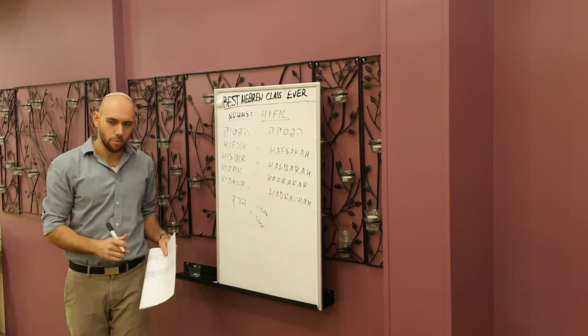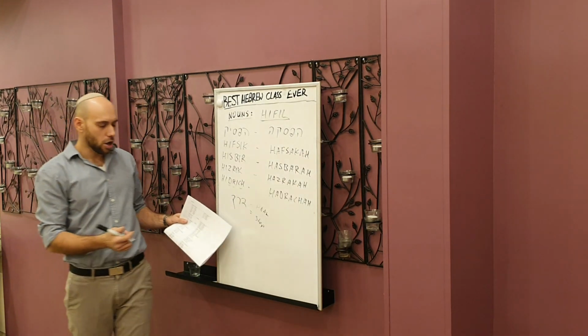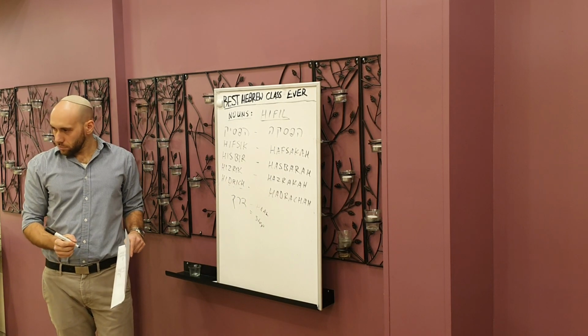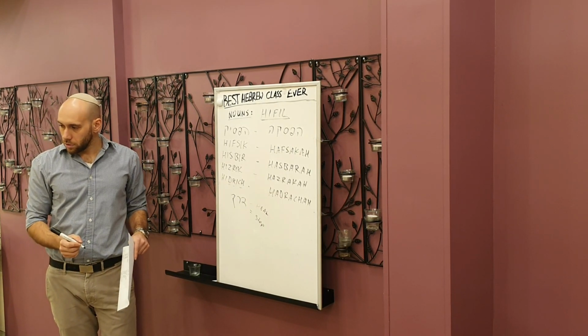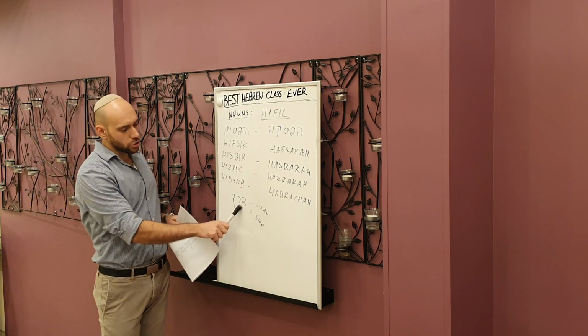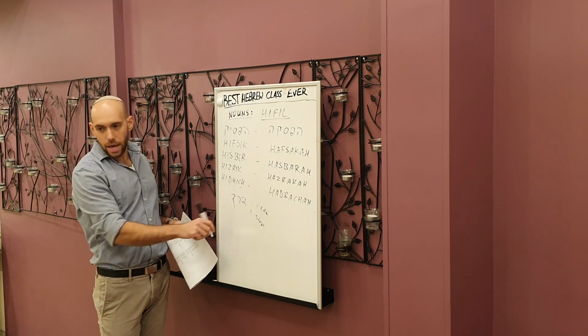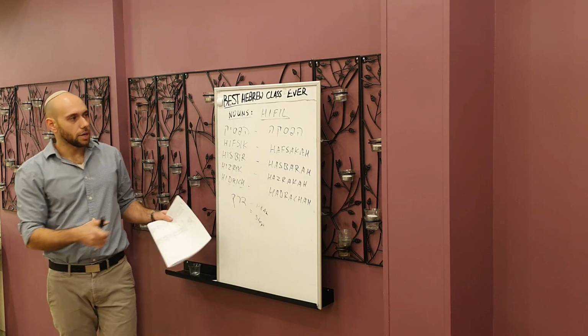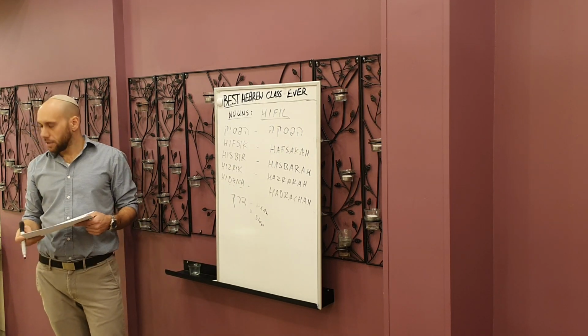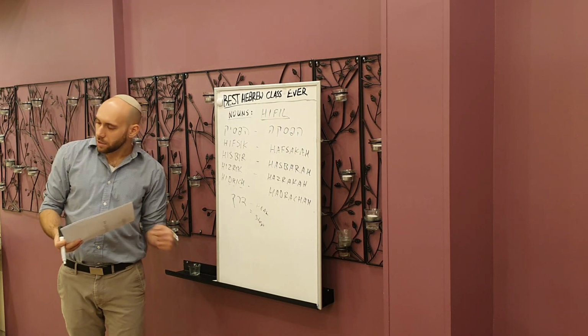Lidroch. So what would the pa'el be? So it would be darach, which would be he stepped. Okay, so darach, you step, and then the verbal noun for that would be dericha. The act of stepping.